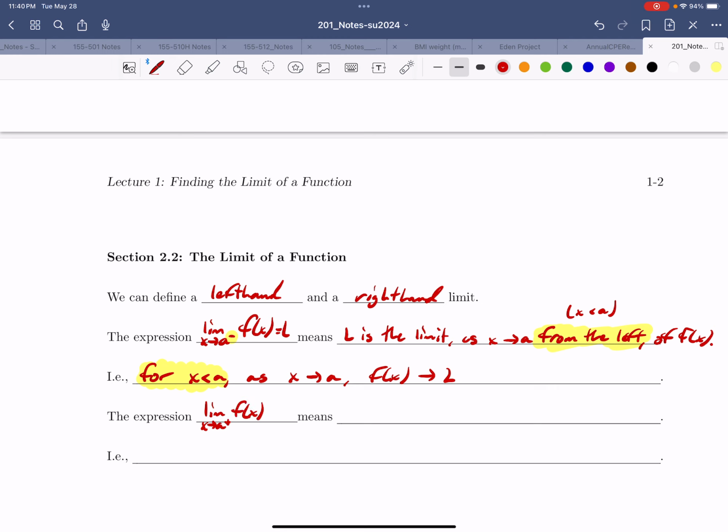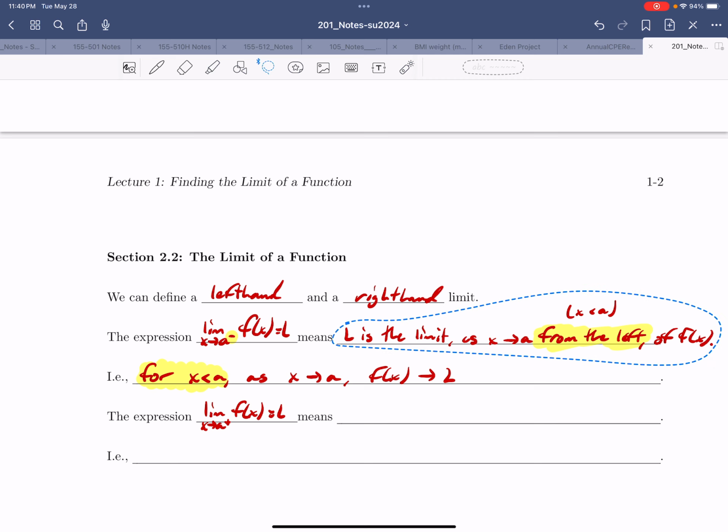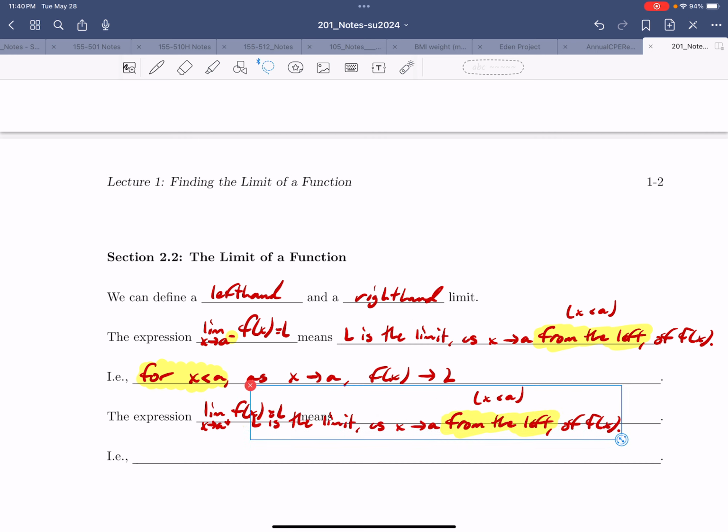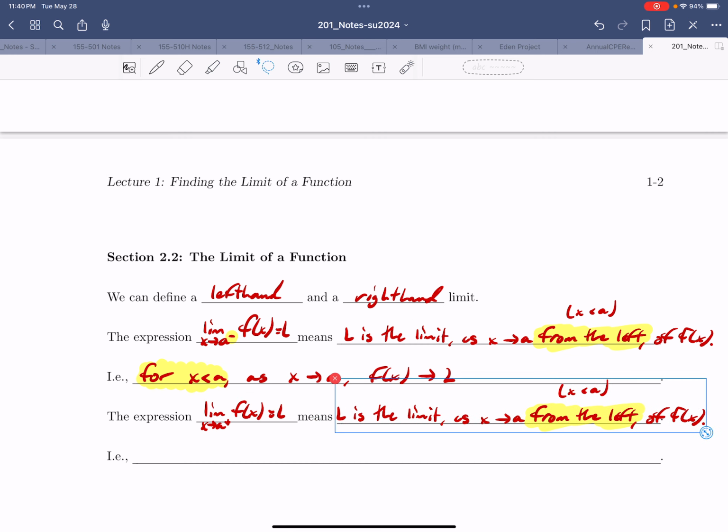Limit as x approaches a from the right of f of x equals L means, well, I'm just going to go ahead and copy all this, because it's completely analogous. We just have to change a couple of words, from the left to from the right.